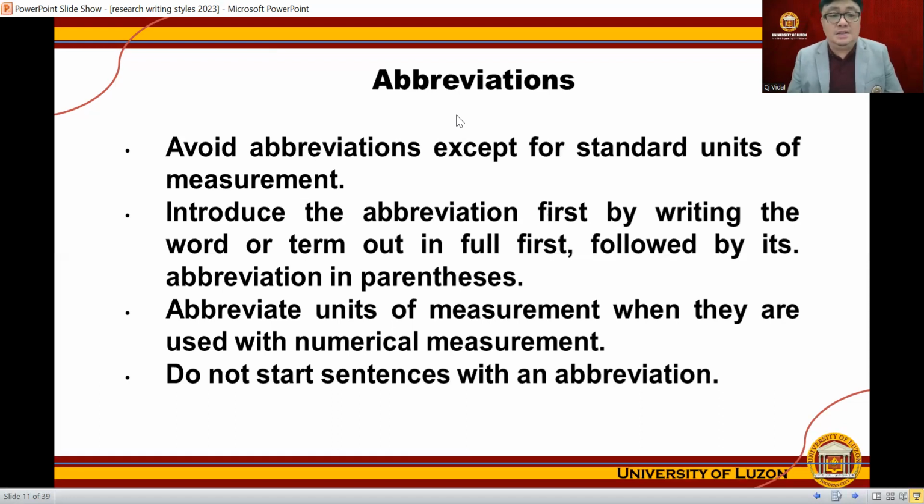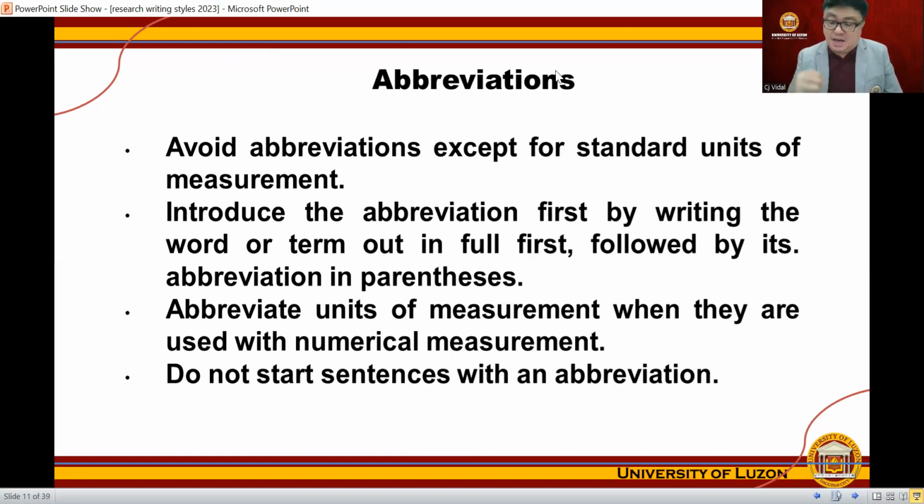Additionally, abbreviate units of measurement when they are used with a numerical measurement. For example, when we talk about milligrams, 6 mg was added. However, when numerals do not accompany them, units of measurement should not be abbreviated.